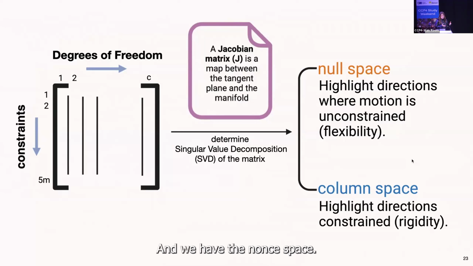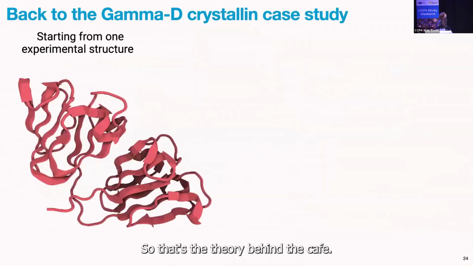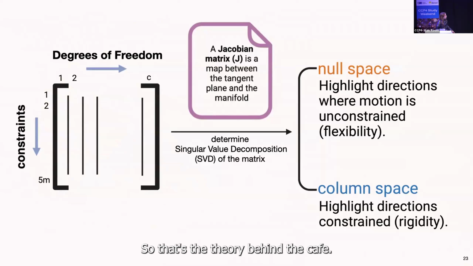One of them corresponds to the null space, the matrix that highlights the directions where motion is unconstrained. And the column space highlights the directions where the motion is constrained, so more rigid. So that's the theory behind the KFA.